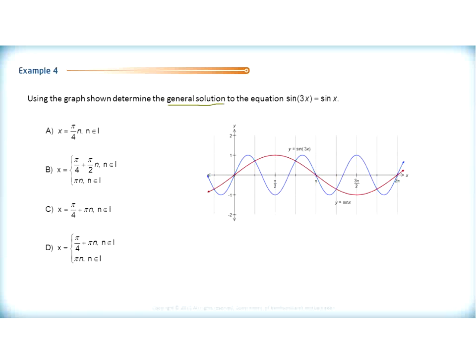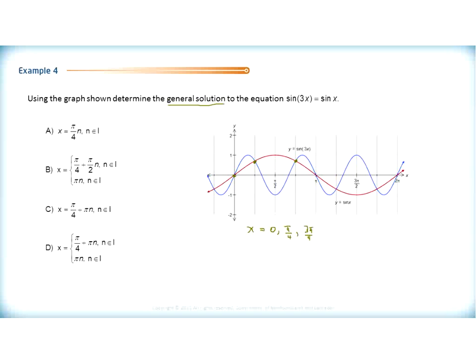If we look at our answers, let's just list our answers first. We got 0 as an answer. We've got pi over 4 as an answer. And this one here is going to be 3 pi over 4.